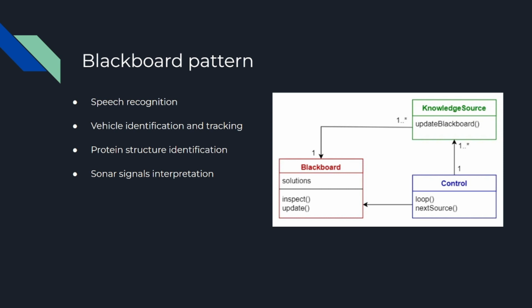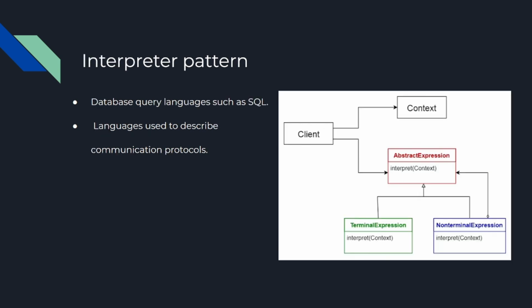All the components have access to the Blackboard. Components may produce new data objects that are added to the Blackboard. Components look for particular kinds of data on the Blackboard and may find these by pattern matching with the existing knowledge source. So usages are speech recognition, vehicle identification and tracking, protein structure identification, sonar signals interpretation. So here's the diagram.